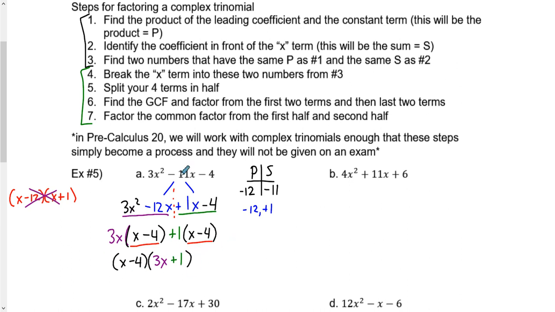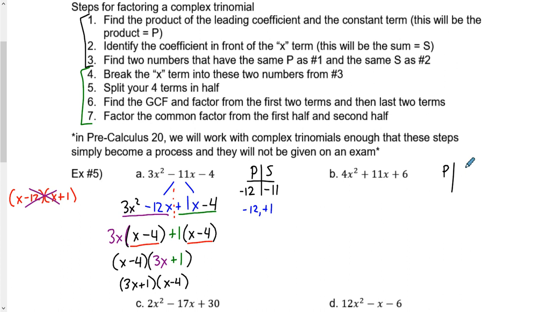And this is the trinomial factor. It doesn't matter whether you write it this way or if you write it this way. Both are perfectly fine. It does take practice, and that's what we're going to do.